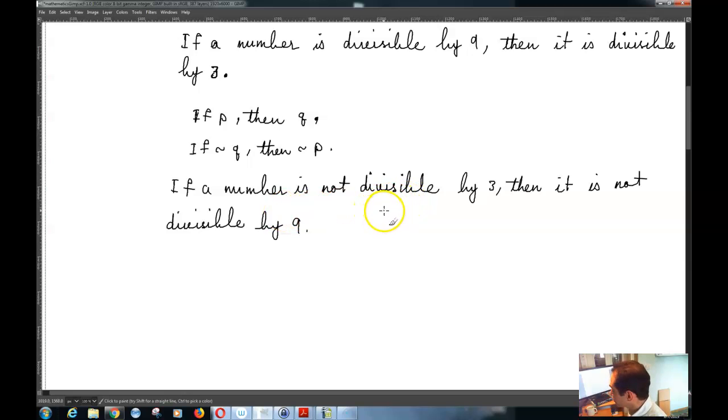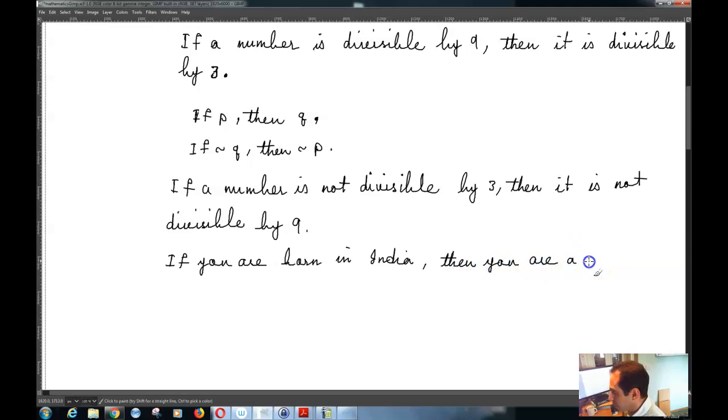Or as another example, if you are born in India, then you are a citizen of India.